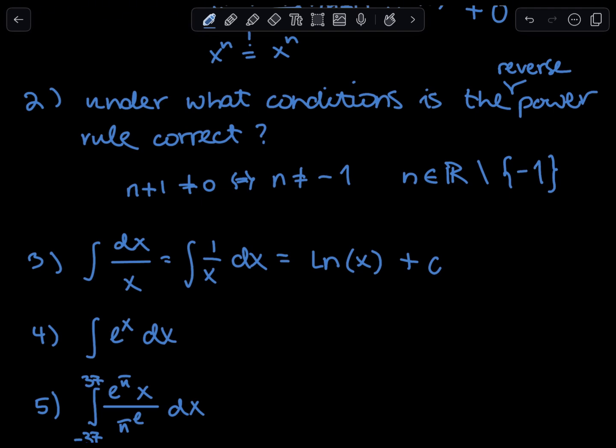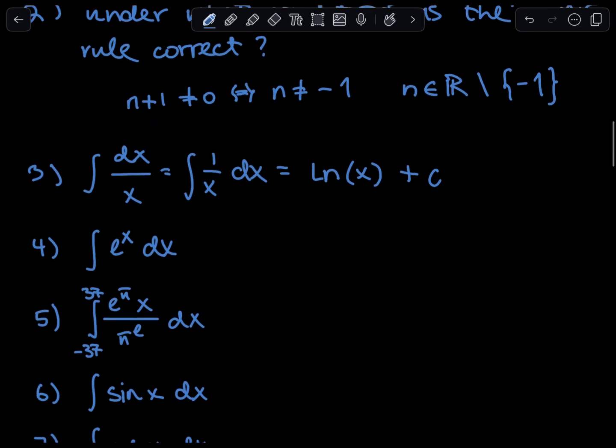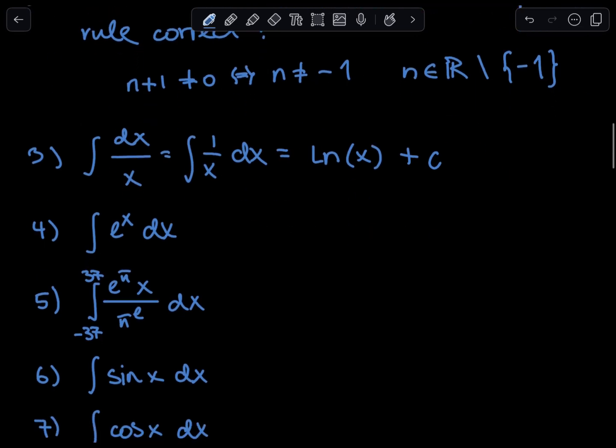So the answer is ln x plus c. Next, we have the integral of e to the x dx. And again, we haven't seen this integral, but from differentiation, you should know which function differentiates to e to the power of x, and that is e to the power of x itself. So that's the answer, plus c.